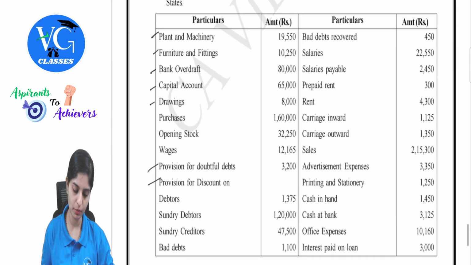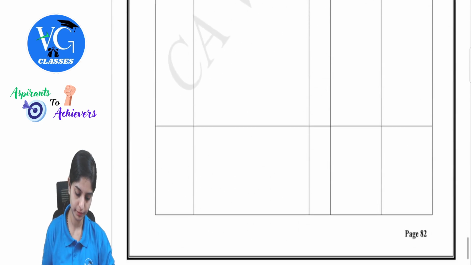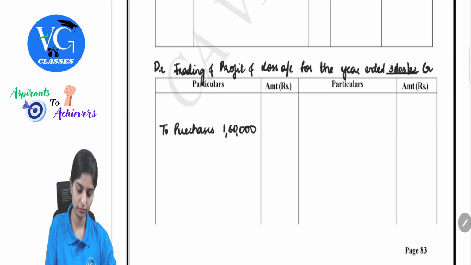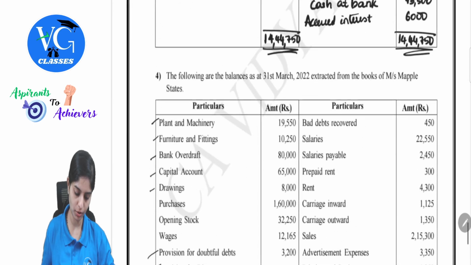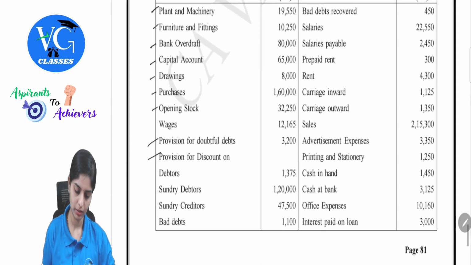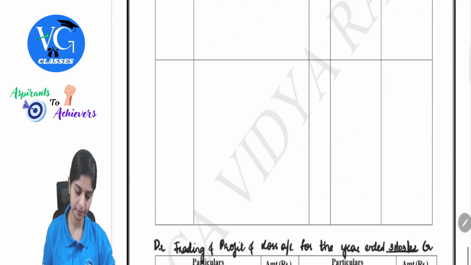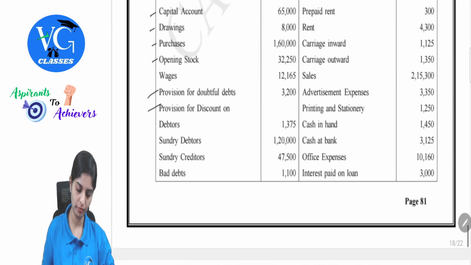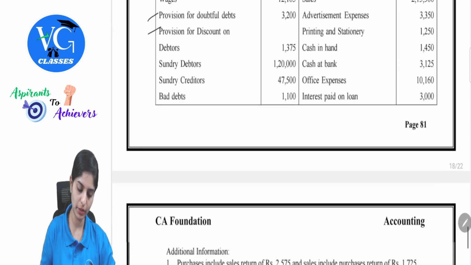And then purchases 1,60,000. There was opening stock, so opening stock 32,250. So wages 12,165.